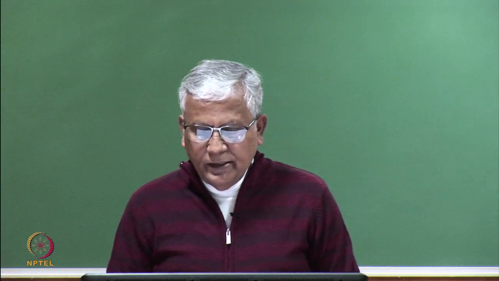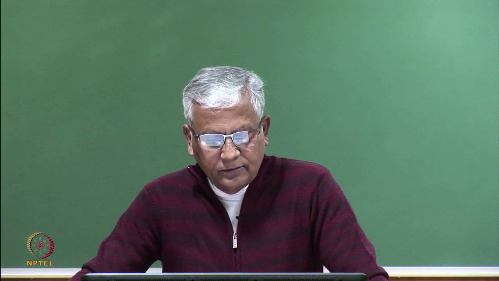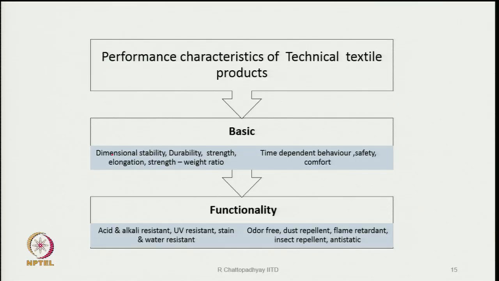In general, for technical textile products, the basic properties are dimensional stability, durability, strength, elongation, strength to weight ratio, their time dependent behavior, safety and comfort. These are the basic properties of technical textile fibers.